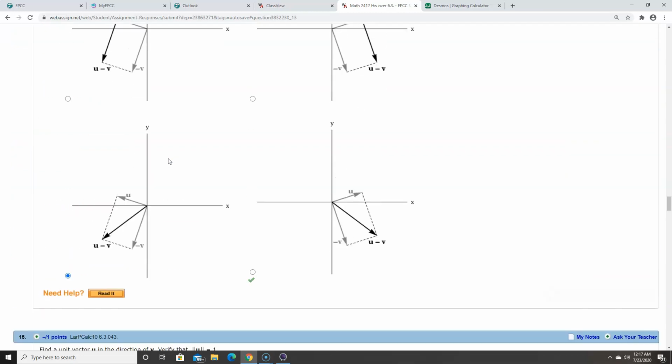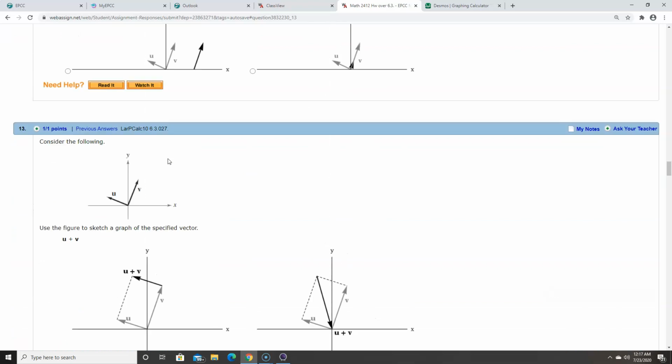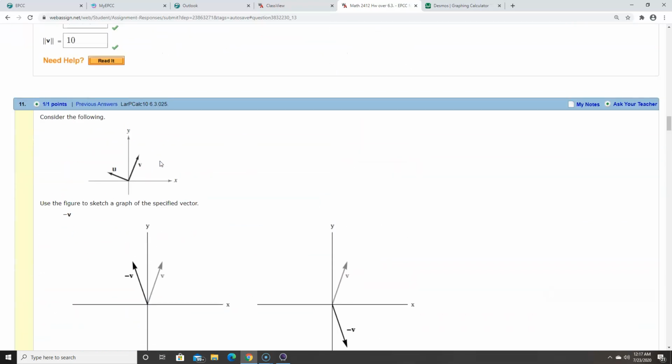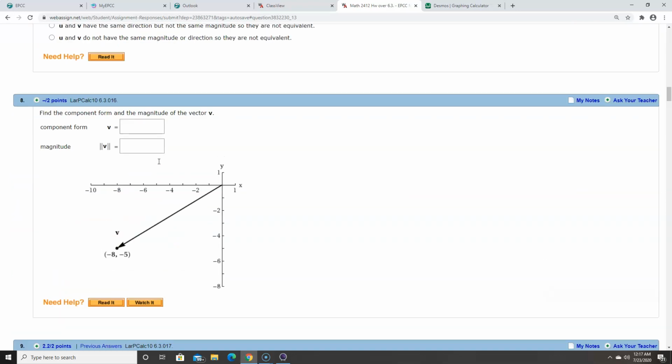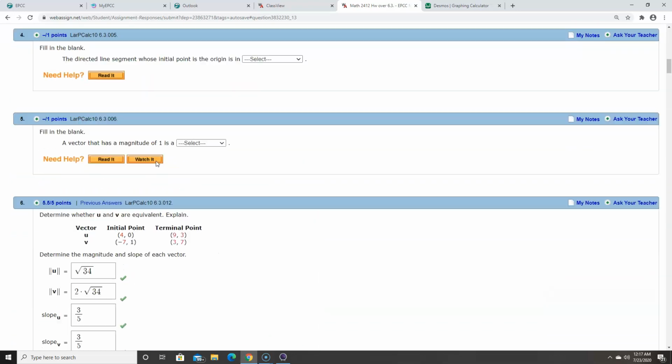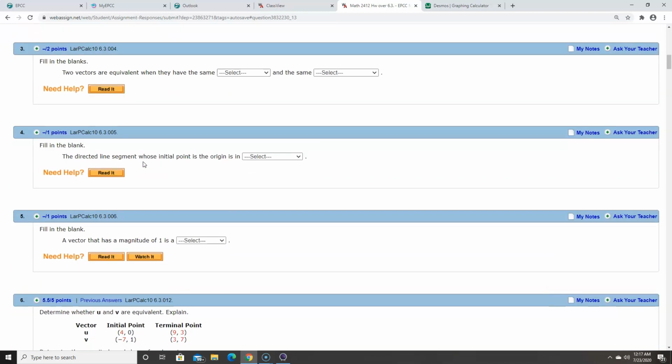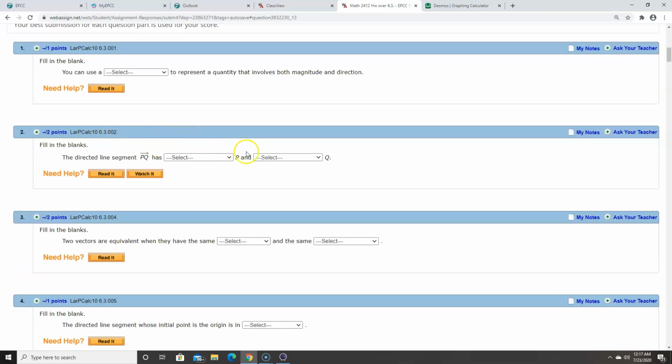And then the only thing left is some terminology, 1 through 5. Just want to make sure, so all of these should be fairly simple. I'll just pick one. Oh, this one.